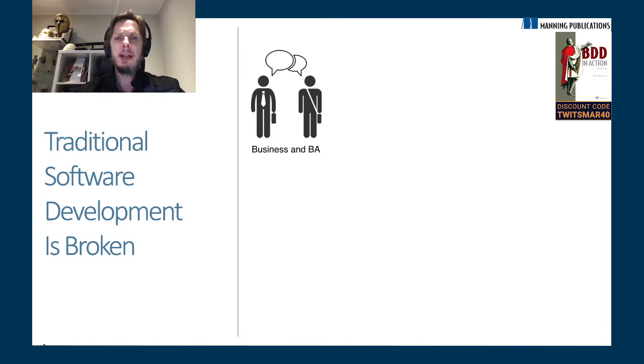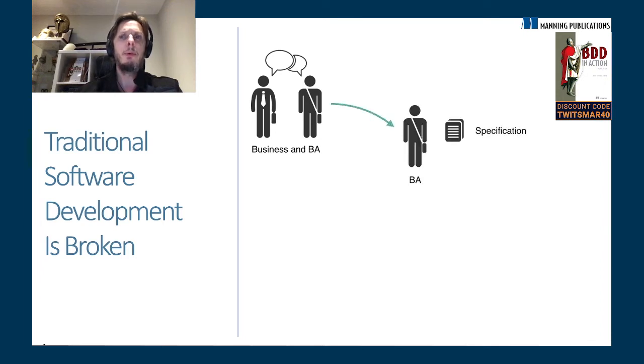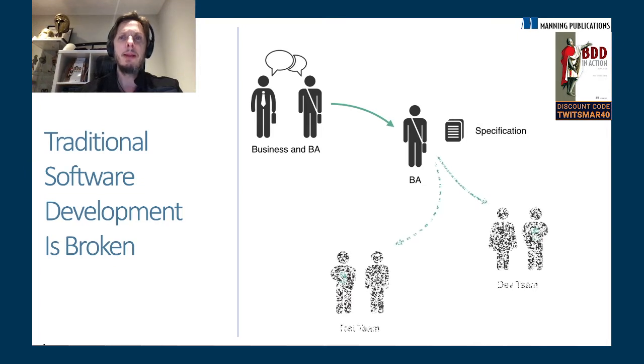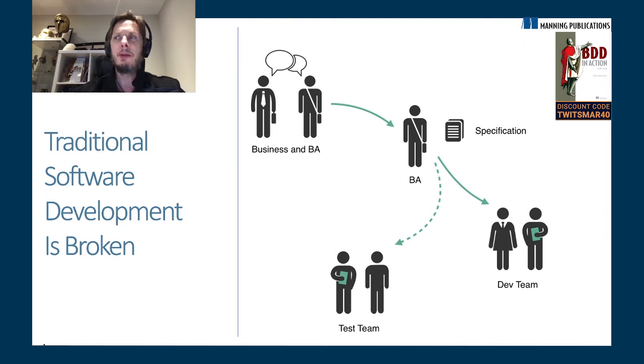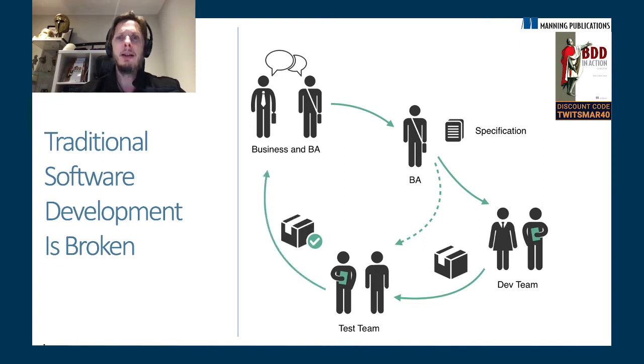This is a traditional approach to software development where you have the BA and the business who come up with some requirements. The BA writes them up in the form of specifications, which you might call user stories. They might go into Jira, then get sent to the developers and testers who go away. Developers build something, the testers test it, and then they deliver it.